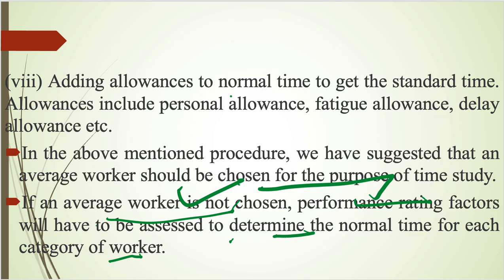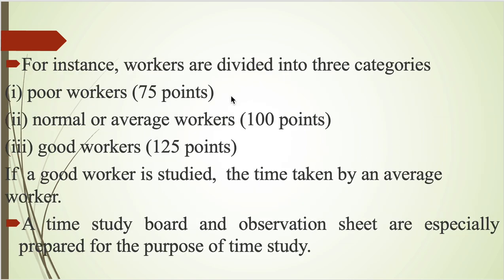So the selection of the worker by the observer is very important. For instance, workers are divided into three categories: the poor worker, for which 75 points are given; second, the normal or average worker, for which 100 points are given; third, the good worker, for which 125 points are given.